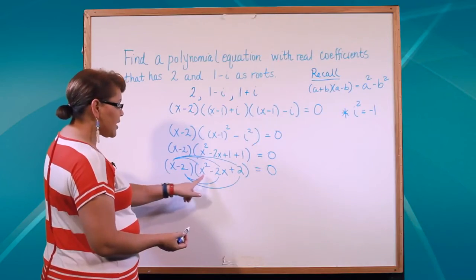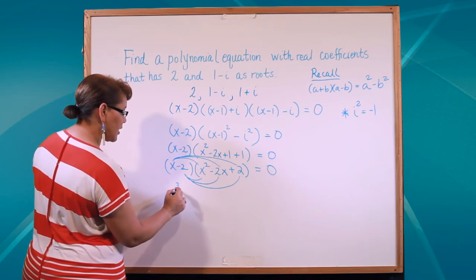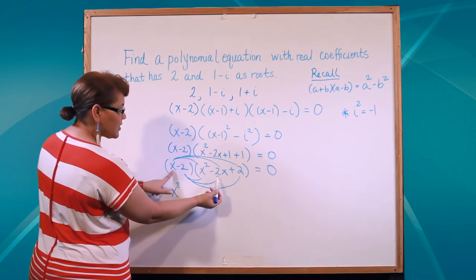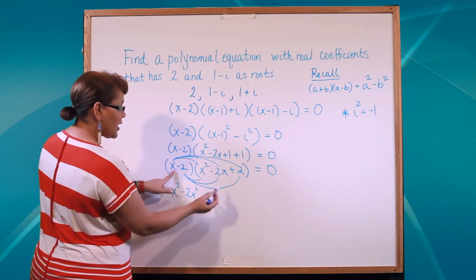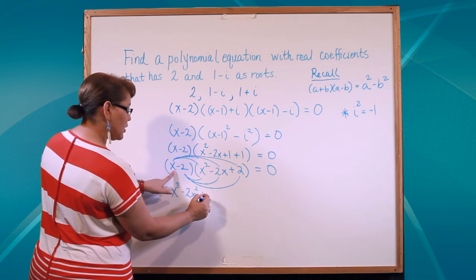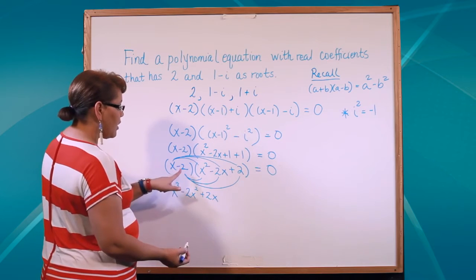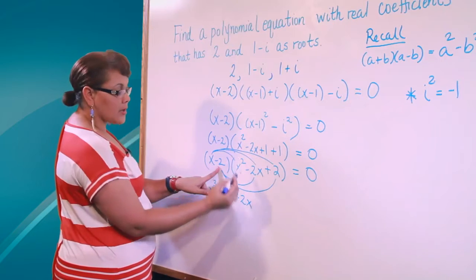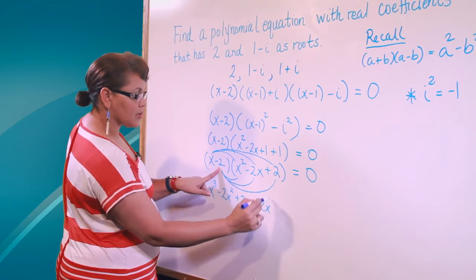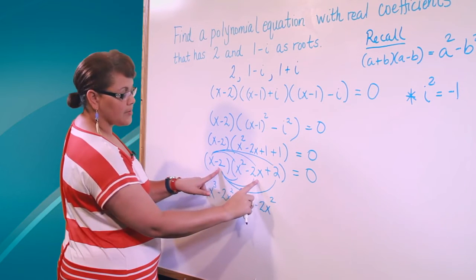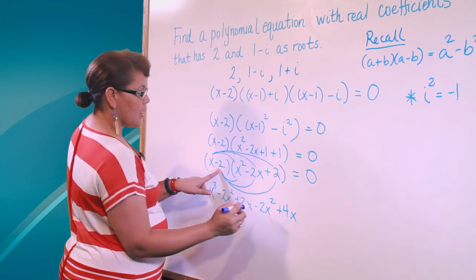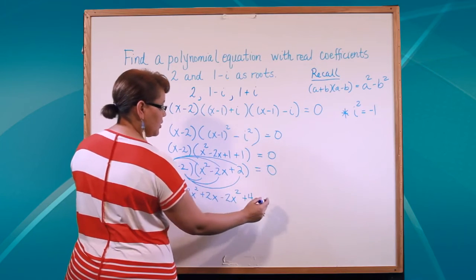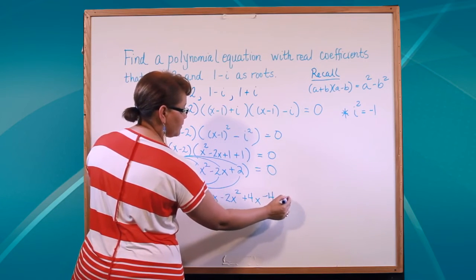So x times x squared is x cubed. x times negative 2x is negative 2x squared. x times positive 2 is plus 2x. Then negative 2 times x squared is negative 2x squared. Negative 2 times negative 2x will be positive 4x, and negative 2 times 2 is negative 4.